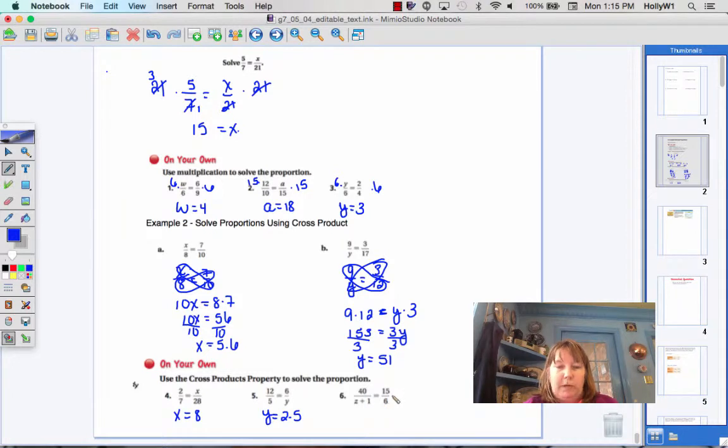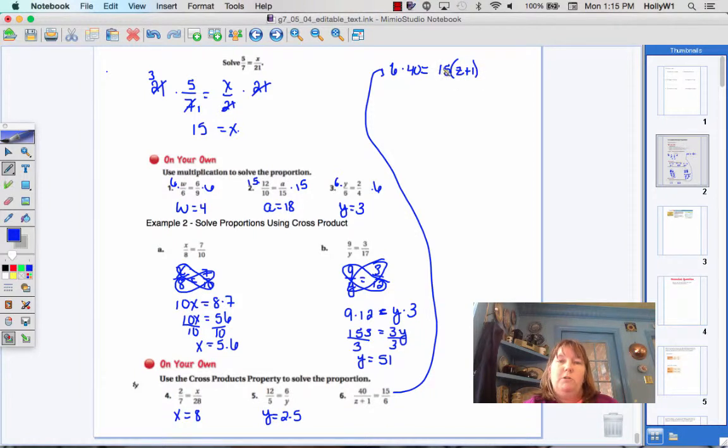This one's a little bit more tricky. Okay. The cross product of this is going to give us 6 times 40 is equal to 15 times all of z plus 1.